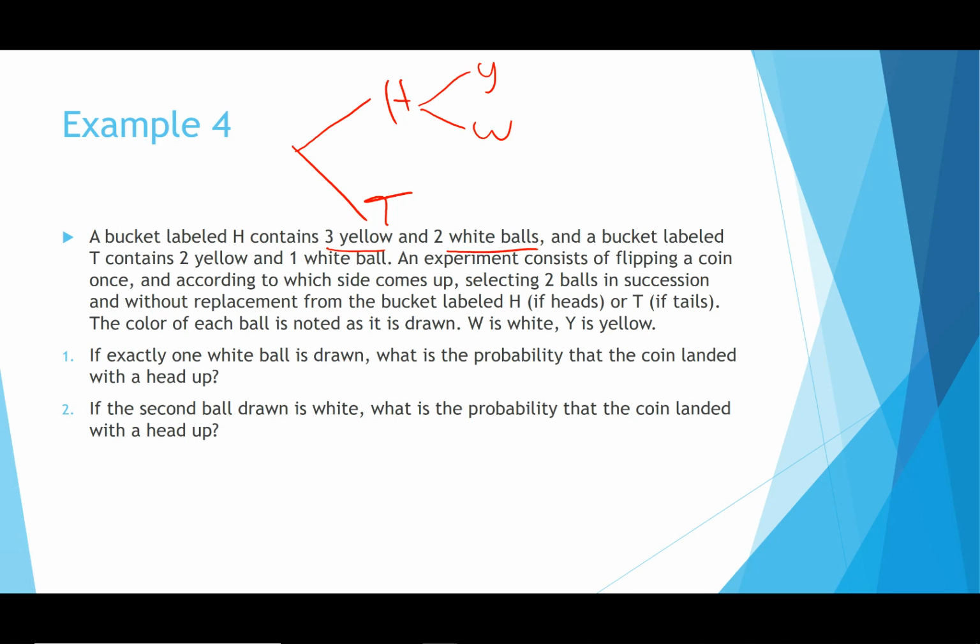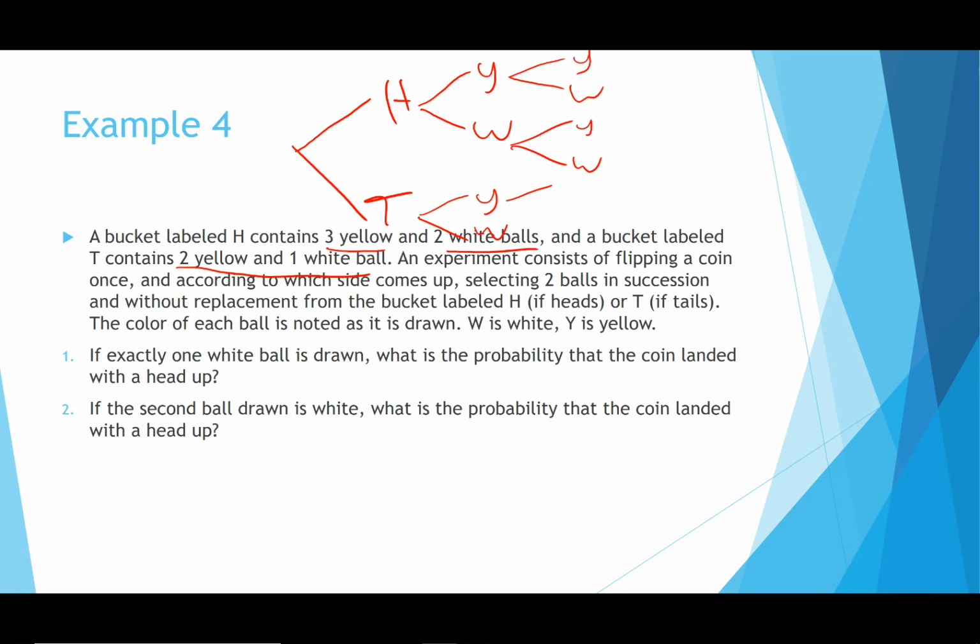And then if I chose a yellow, the second ball will either be yellow or white. If I chose white the first time, the second ball will still either be yellow or white. Now for the T bucket, T has 2 yellow and 1 white ball. My first selection, I will either choose a yellow or a white ball.